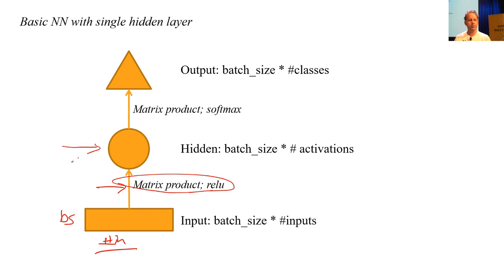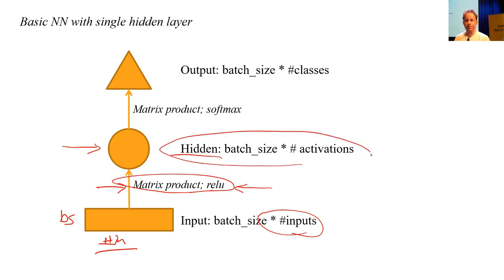A circle is activations. Okay, so in this case we have one set of hidden activations, and so given that the input was number of inputs, this here is a matrix of number of inputs by number of activations, so the output will be batch size by number of activations. It's really important you know how to calculate these shapes, right? So go learn.summary lots to see all the shapes.